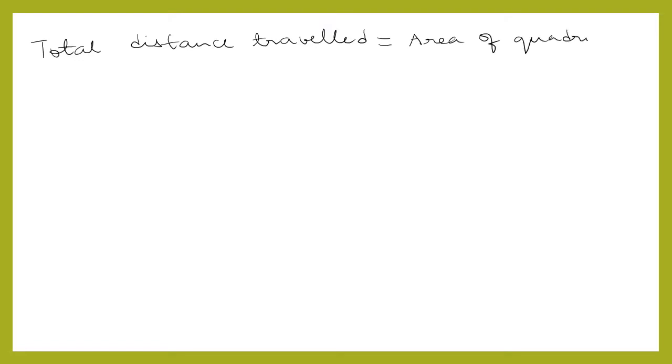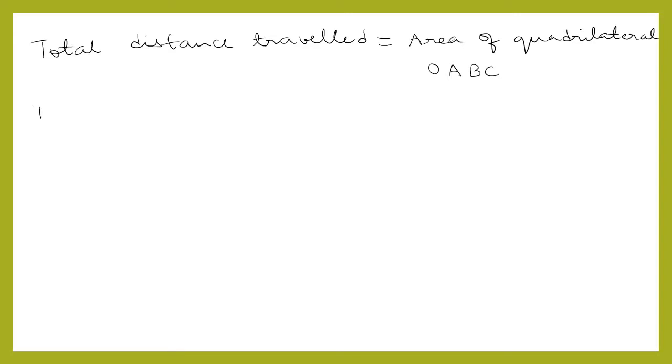The total distance travelled D is given by the area under the speed time curve. So the total distance travelled is equal to the area of the quadrilateral OABC.